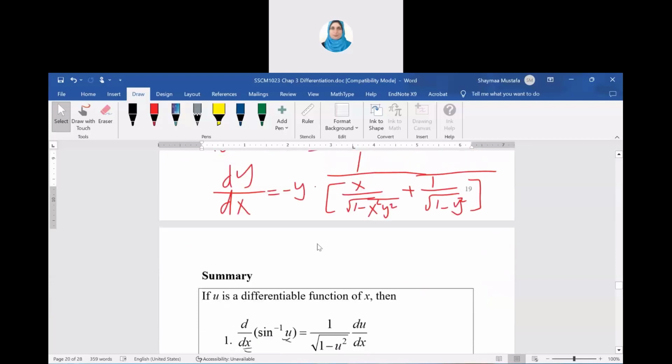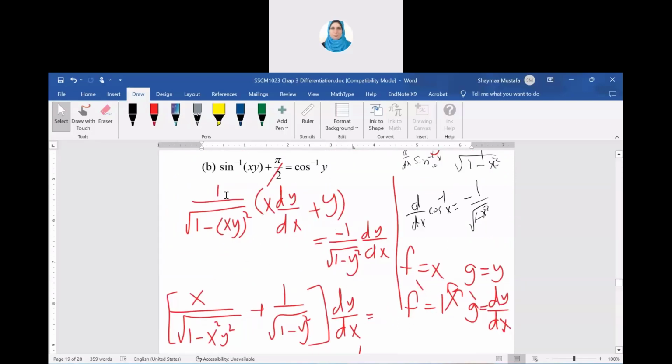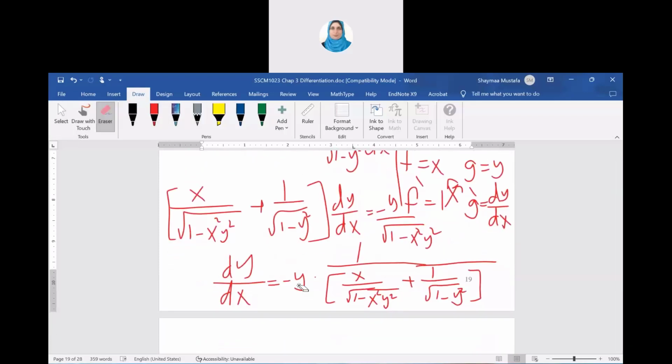So if everything is clear, sorry, yes, I made a mistake just now. 1 over square root 1 minus xy squared is multiplied by this term and also by y. So this one is equal to minus y over square root 1 minus x squared y squared. Good, thank you so much.